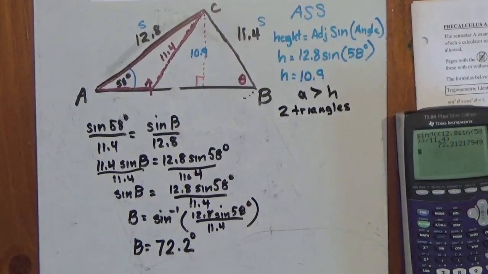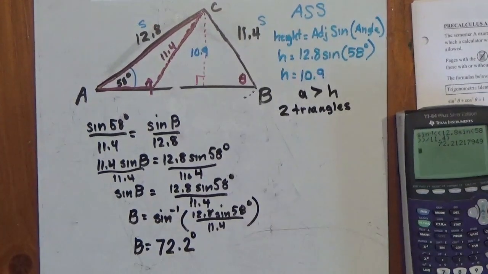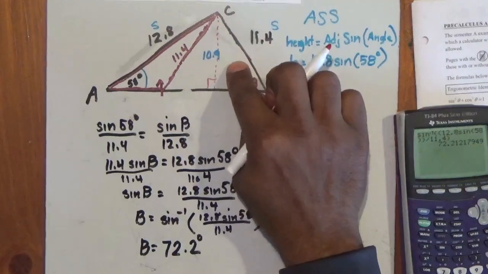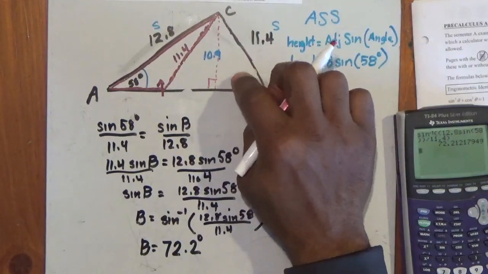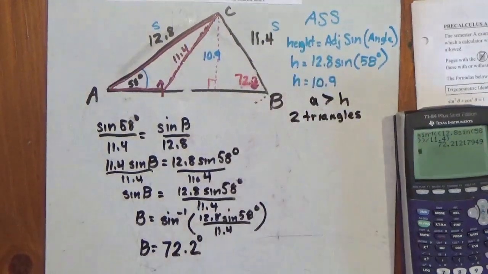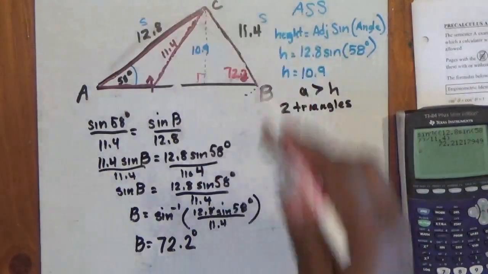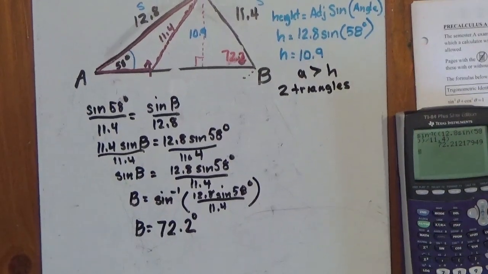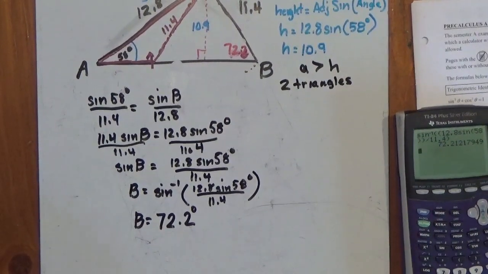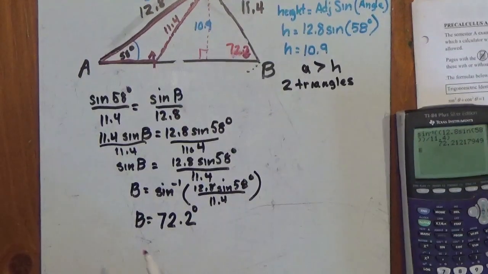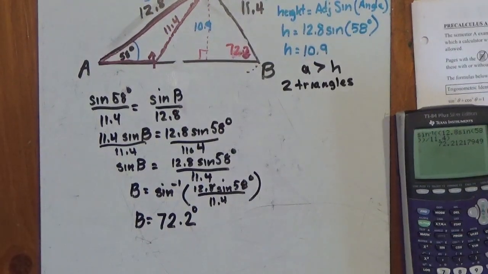Now, if that's the case, where this is 72.2 degrees, we can figure out the rest of this triangle. So let's go ahead and knock out the rest of this triangle. With 72.2 and 58, we're going to figure out angle C first.